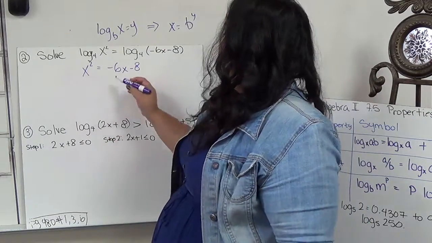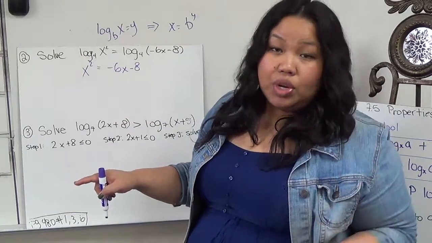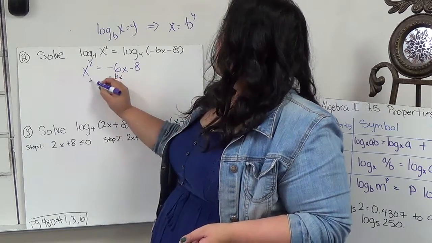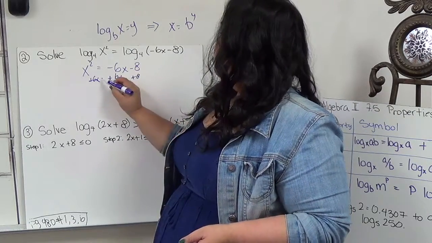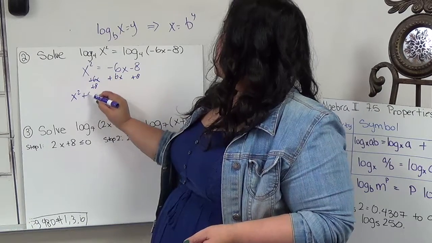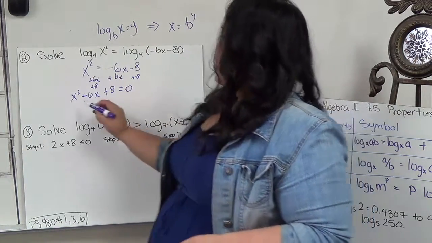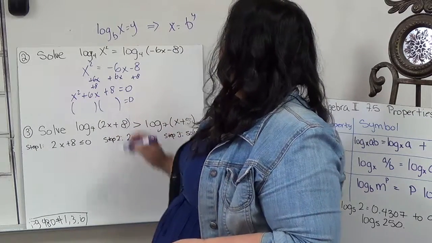And if this is the case, whenever I have an x squared, remember I have to solve it like a quadratic equation. So I'm going to bring everything to the other side. I'm going to add 6x, and then add 8. So I end up with x squared plus 6x plus 8 equals 0. And with this, because there's no number in front of the x squared, it makes it easy.